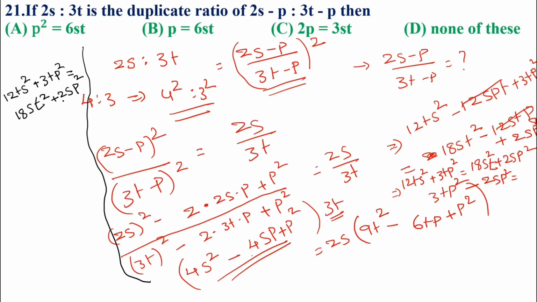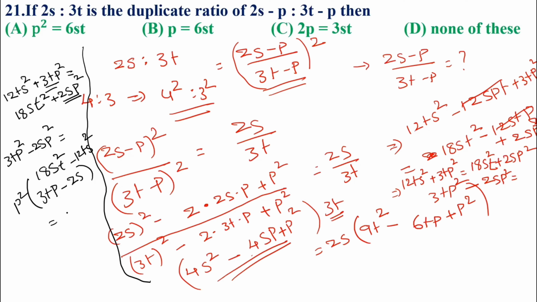So I am taking this 2sp square to this side. So 3tp square minus 2sp square is equal to 18 st square minus 12t square. So here, if I take p square common, this will become 3t minus 2s.